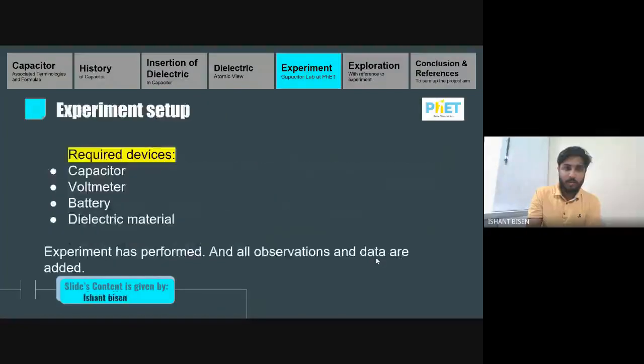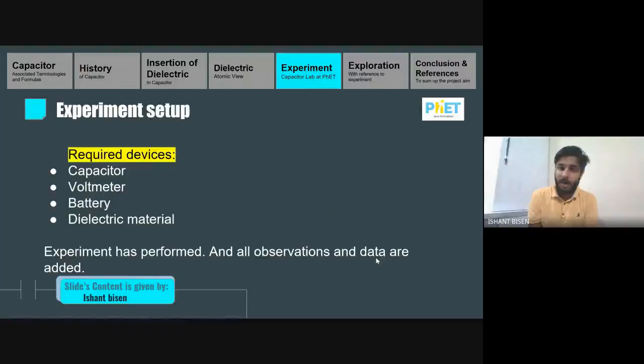For the experimental setup, we required some devices to perform the experiment: a capacitor, voltmeter, battery, and dielectric materials, to measure the charge stored in the capacitor and the stored energy. These are the apparatus, or devices, that we required.